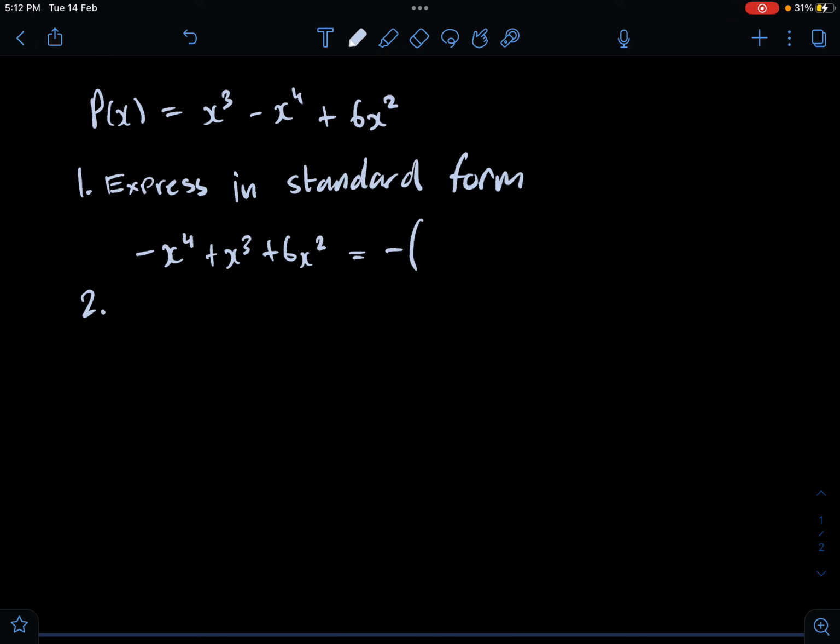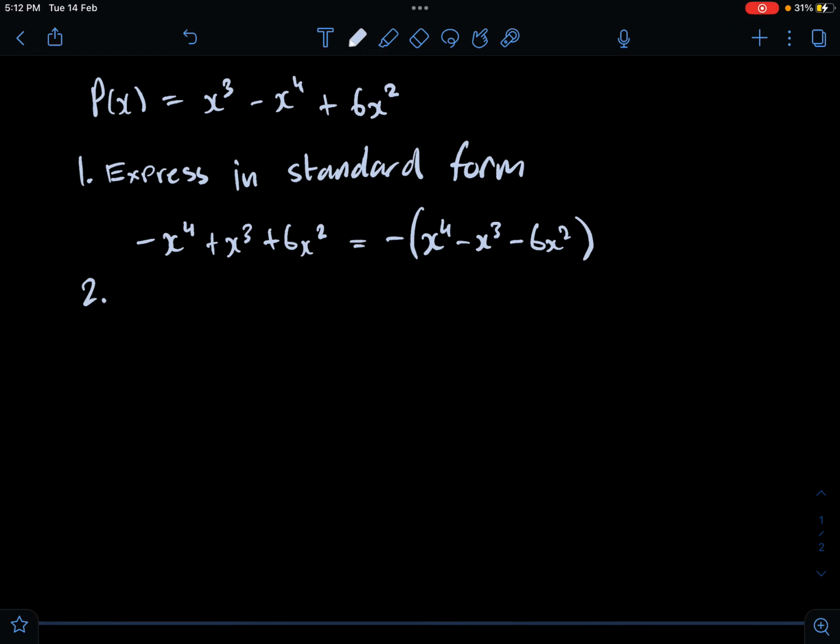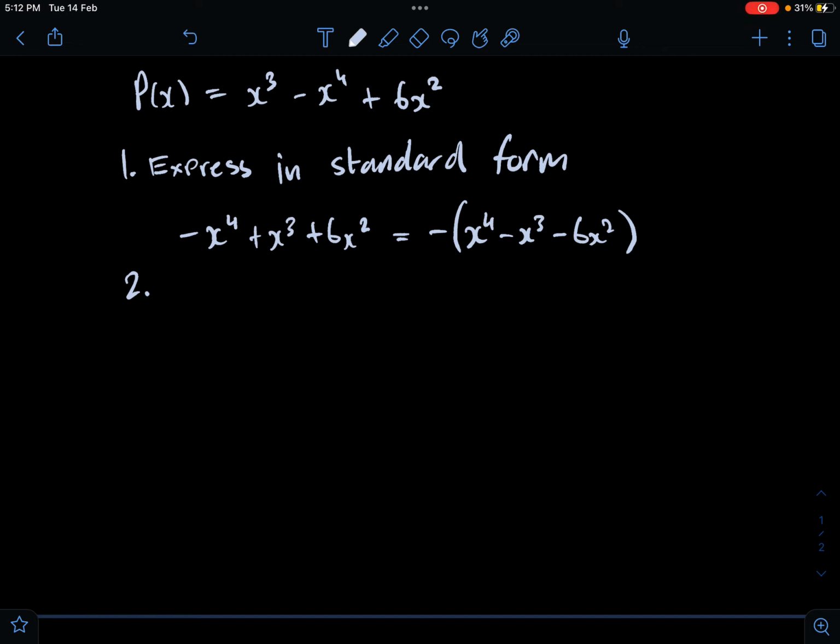So take it out, and it just flips the sign of everything. So this becomes minus x to the 3 minus 6x squared. Okay? Now, for this purpose though, we're just going to be using this version because I think there might be questions that trip us up if we don't.